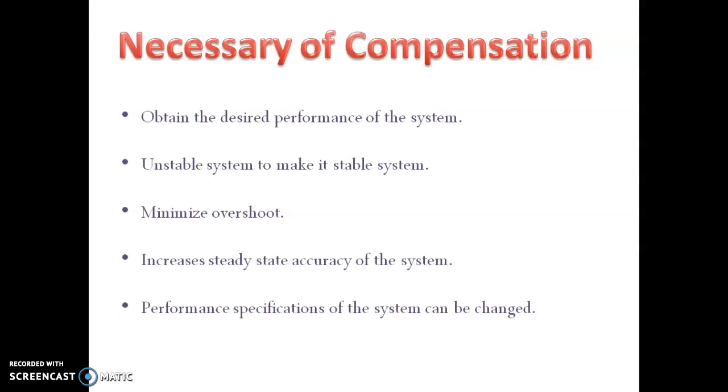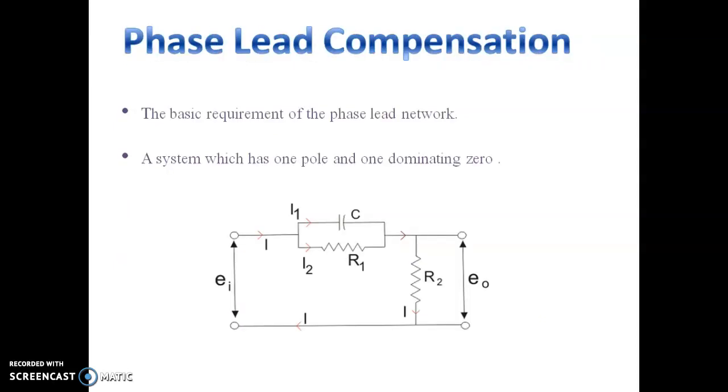Compensating networks also introduce poles and zeros in the system, thereby causing a change in the transfer function of the system. So due to this, performance specification of the system can be changed. Okay, so compensation networks are required and necessary.